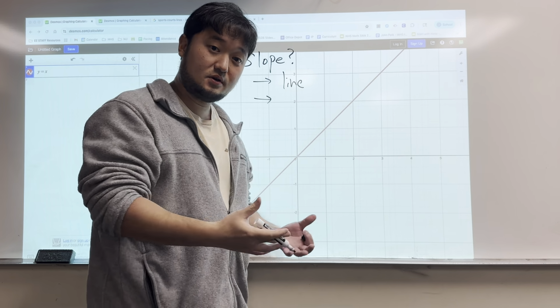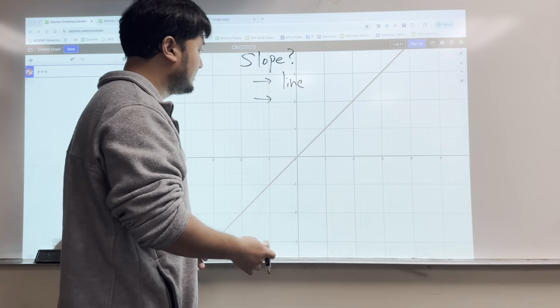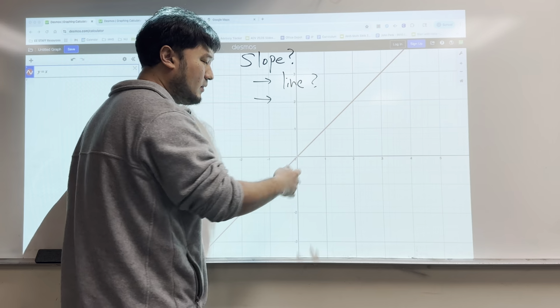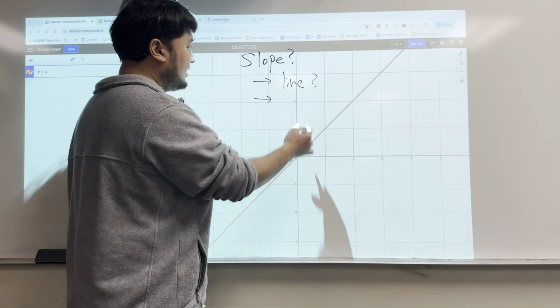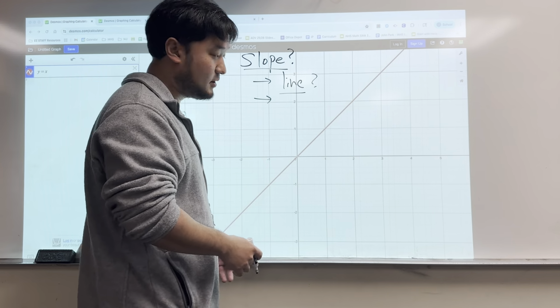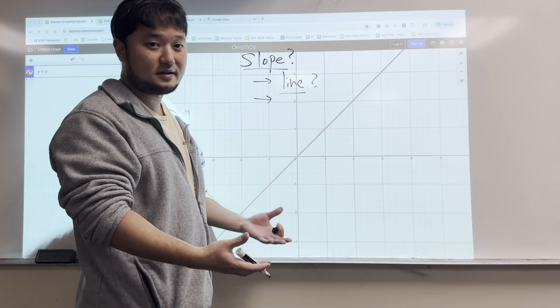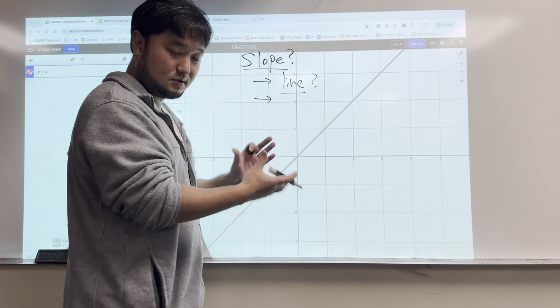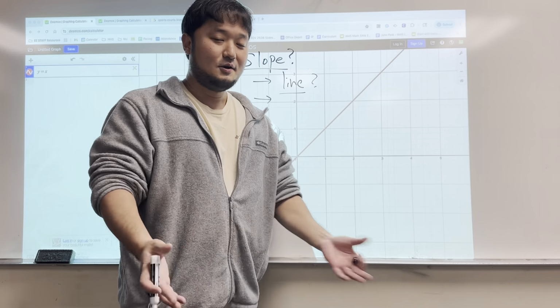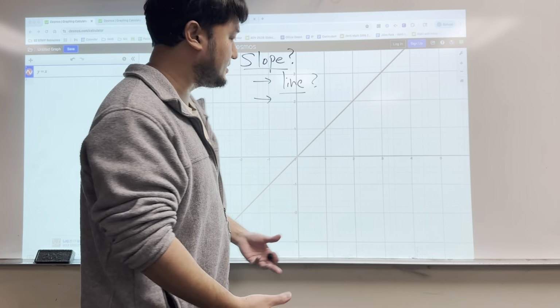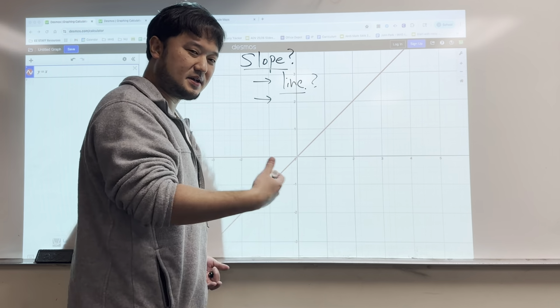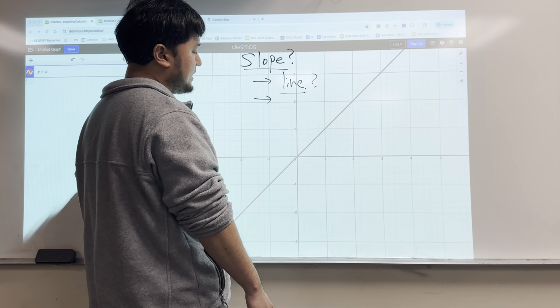So we all know it's something related to a line. But what about a line? Line is not a slope. Why don't we just call it a line instead of slope? If those two are the same thing, we don't need two words for the same thing. So it has to be something about a line. But what would it be, right?